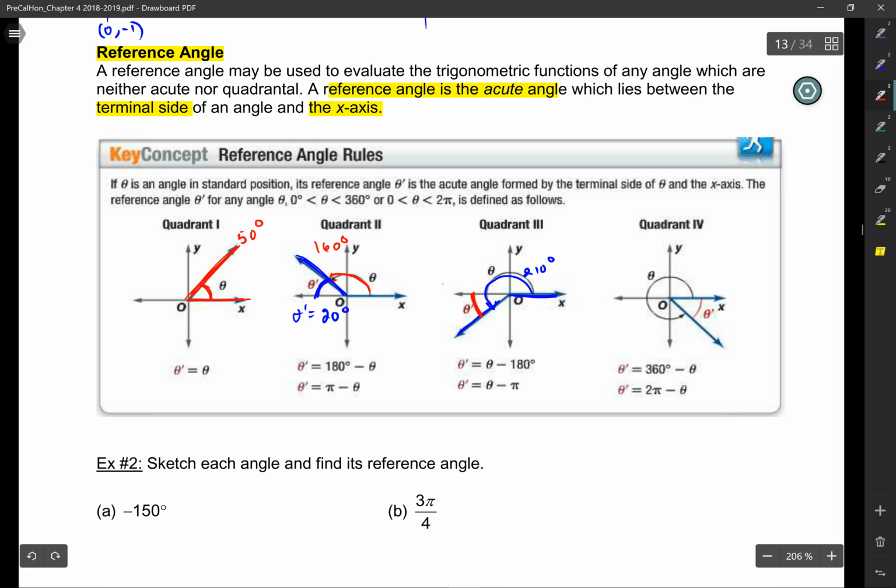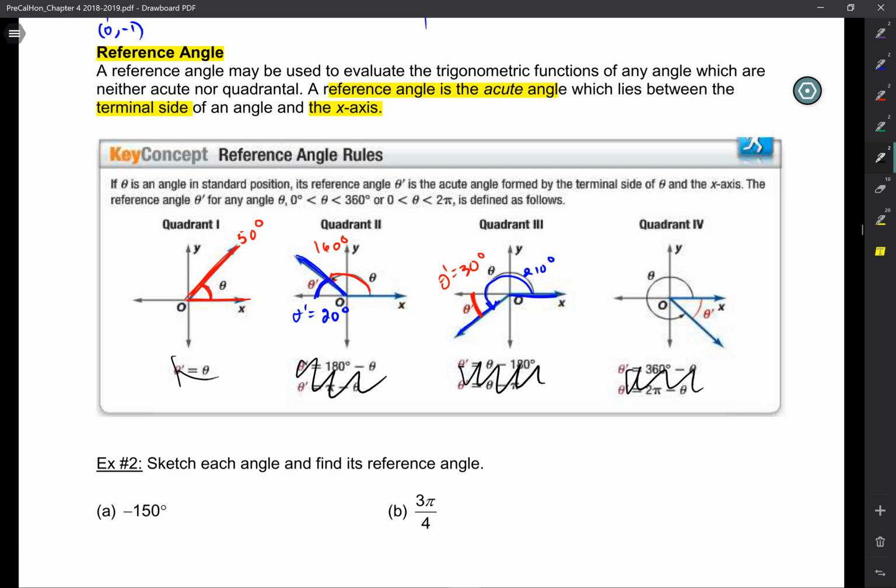Now, the books always give you this complicated looking thing. Guess what I do with those? Cross it out, throw it away, don't look at it. I don't want to see you memorizing it. We reason things out. So, take a look at this one. Suppose I have an angle of 310 degrees.